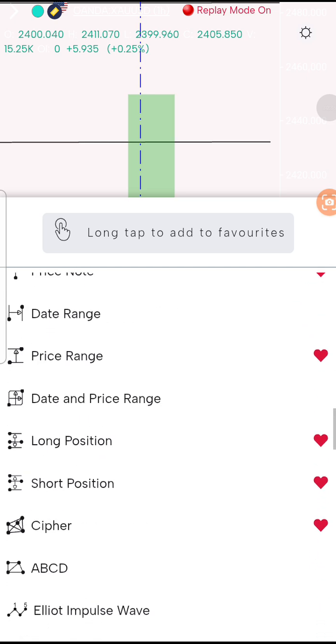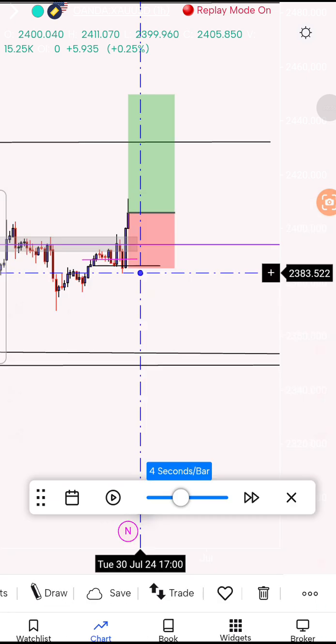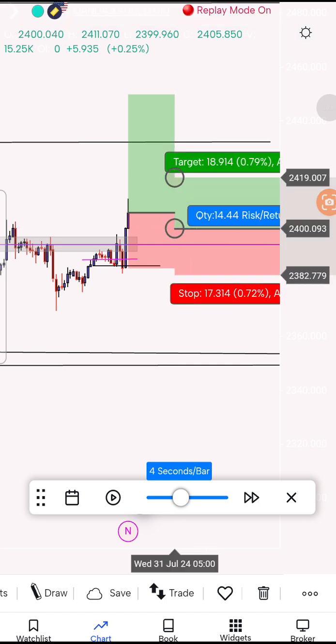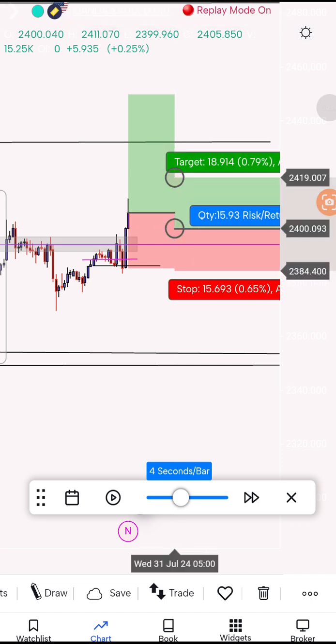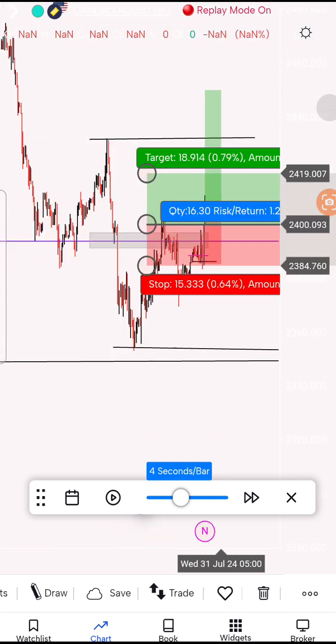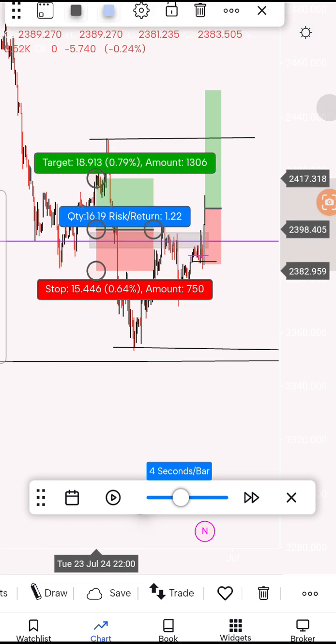But sometimes with my data, what I notice is price doesn't always come into that fair value gap. Price tends to displace really fast.